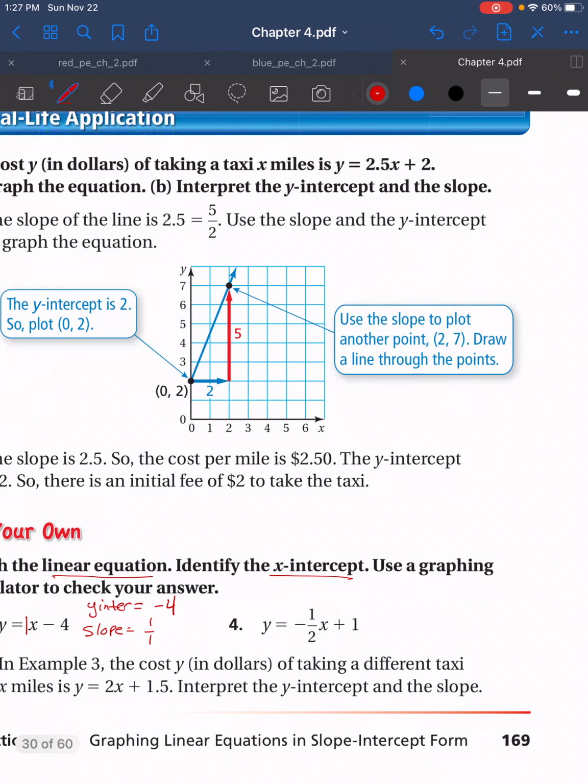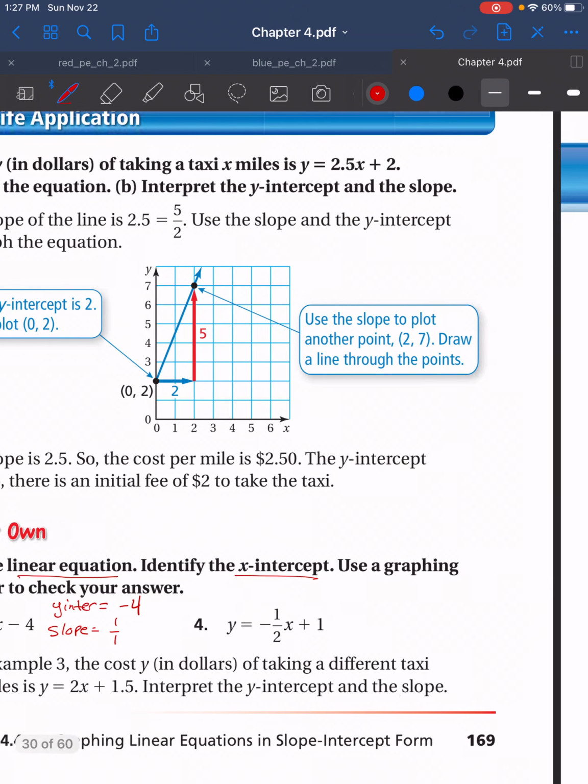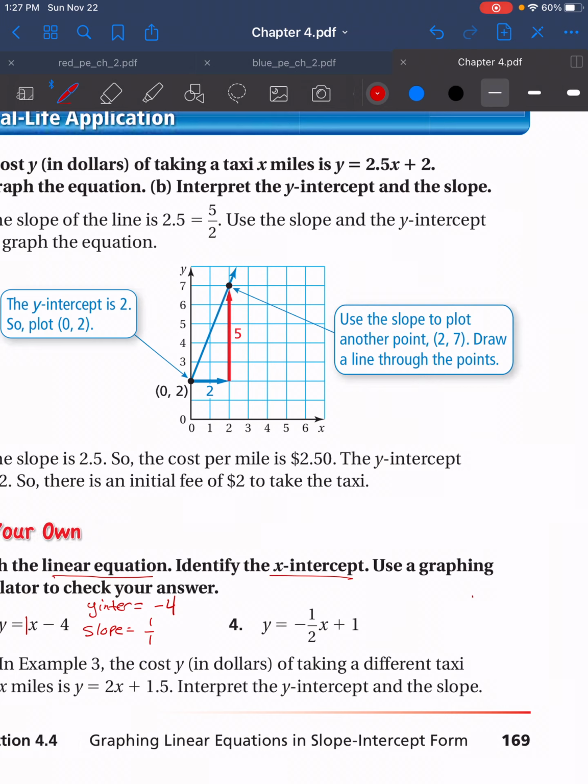Remember, if I'm going too fast, you can always pause the video. Number 4, what is the x-intercept? So let's go ahead and graph it. I'm going to make a tiny graph. That didn't work. What is my y-intercept? 1, so I'm going to go up 1.